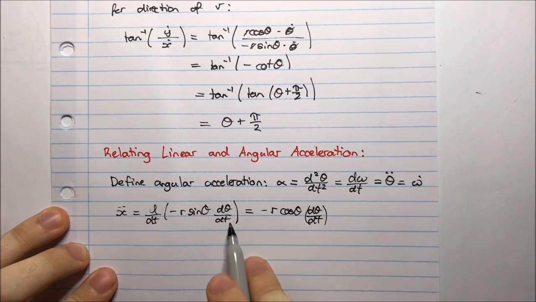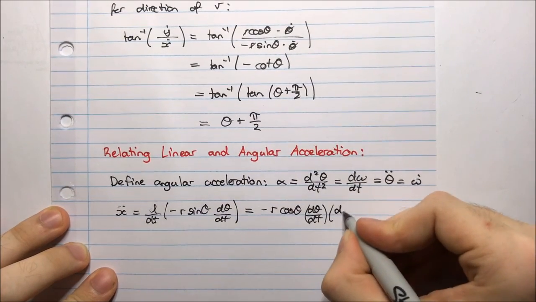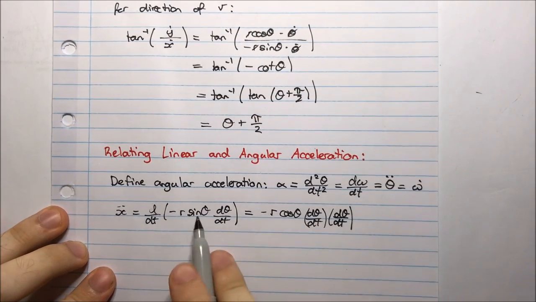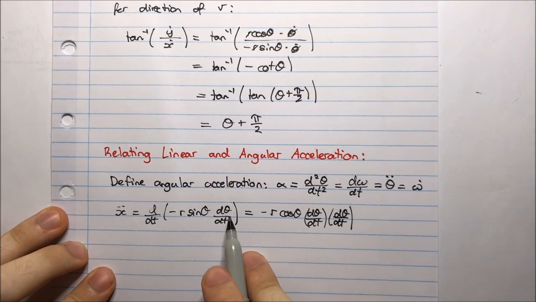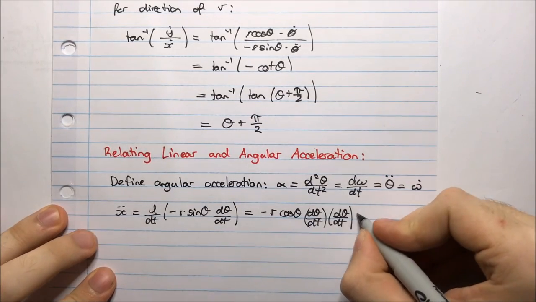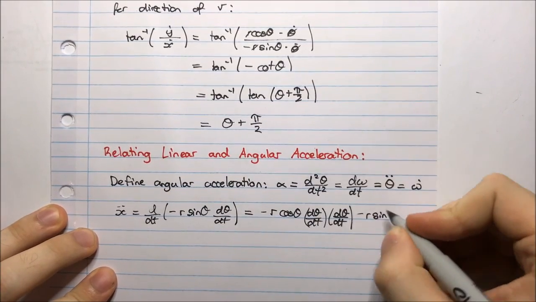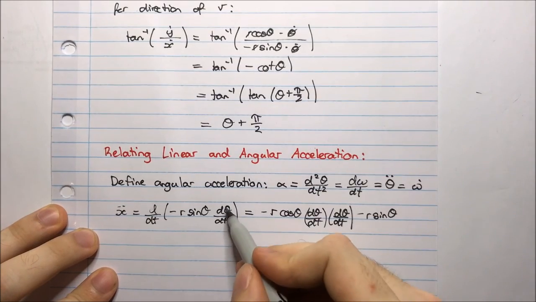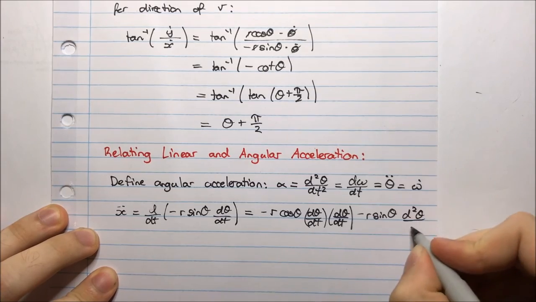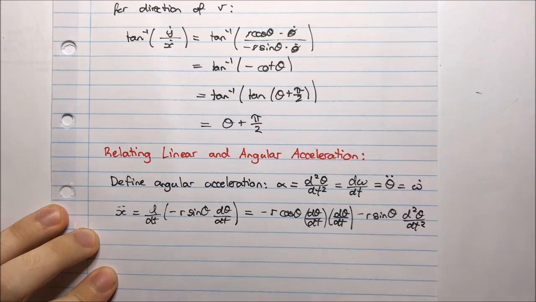And then I'm left over with this, so I multiply by that again, d theta on dt. And now I leave the first function and differentiate the second function. So to do that, it's going to be minus r sine theta. Differentiating this with respect to t would give me the second derivative, d2 theta on dt squared.